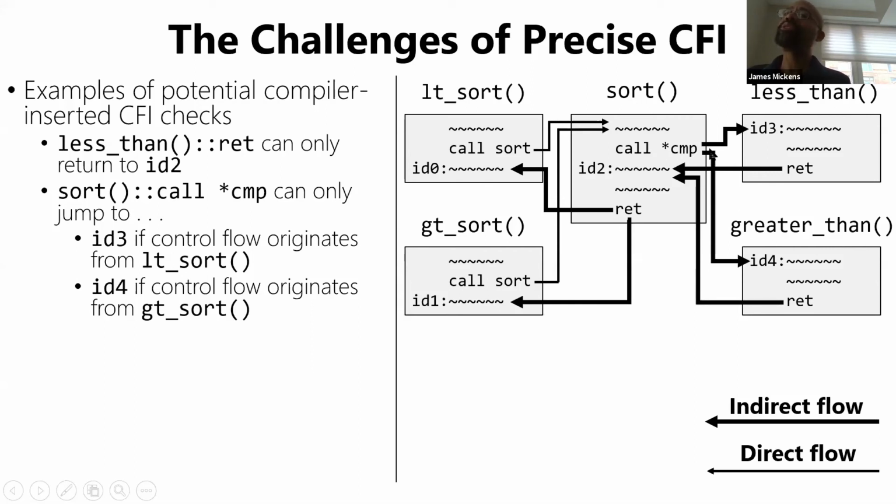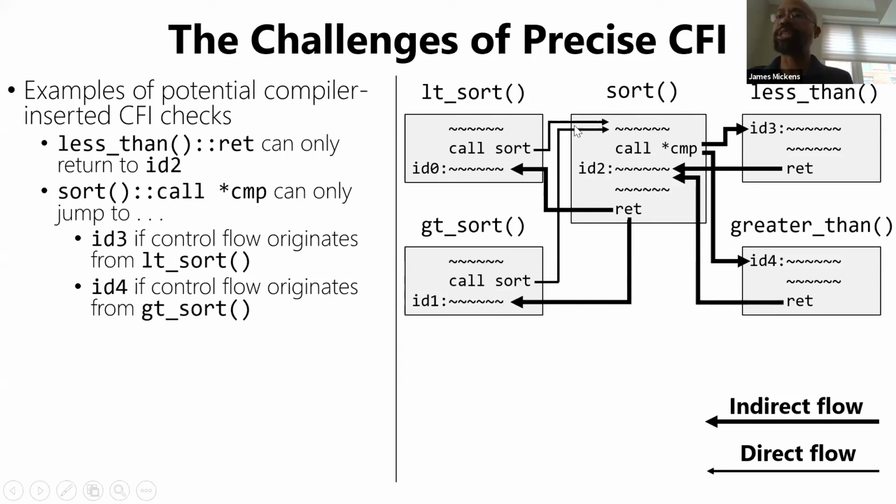Now, the decision about which one of these choices is correct is actually dependent on the history of the control flow. If we look at this call instruction here, it's only valid to have this call go to ID 3 if the code got to the sort function by coming through less than sort.